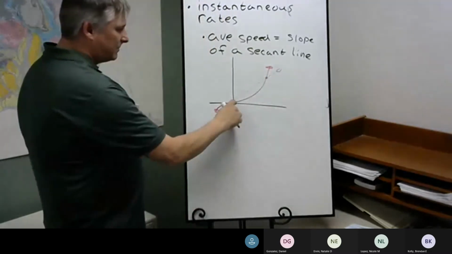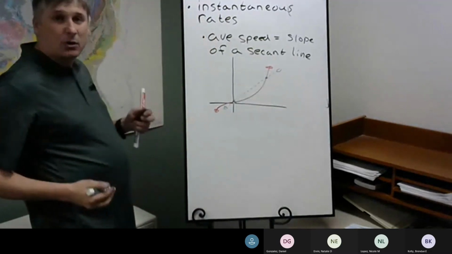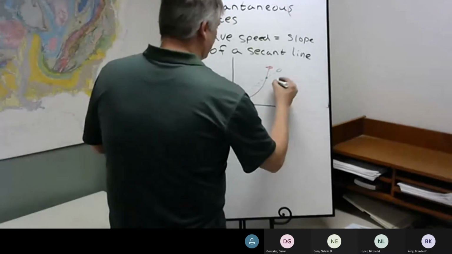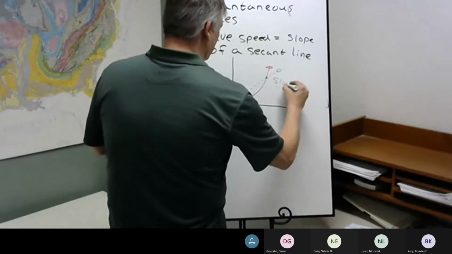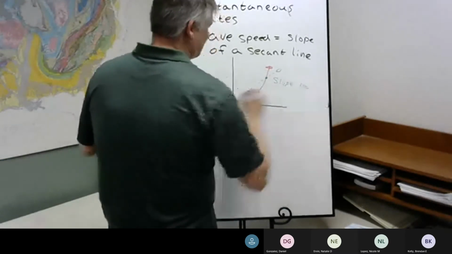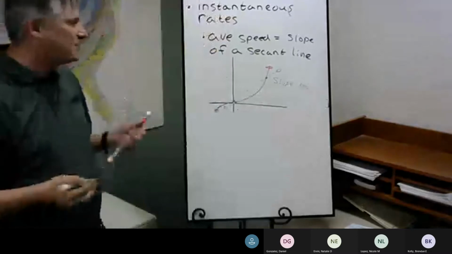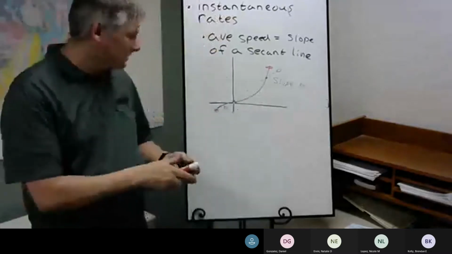So the average rate between these 2 points would be the slope of the secant line. So that's the average rate.